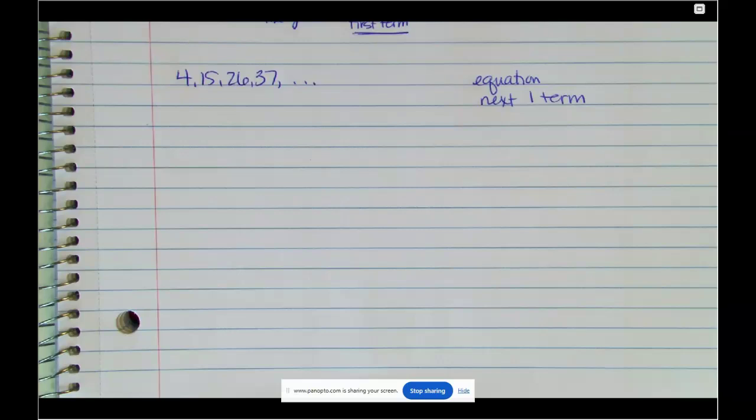So this is your first number, and then figure out what you're adding or subtracting by. Because it has to go up or down by the same amount every time.